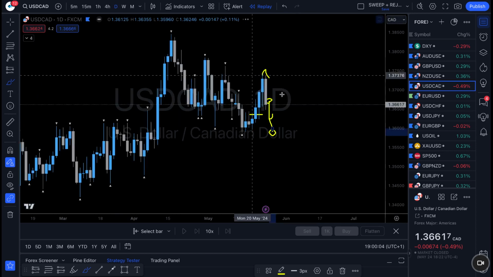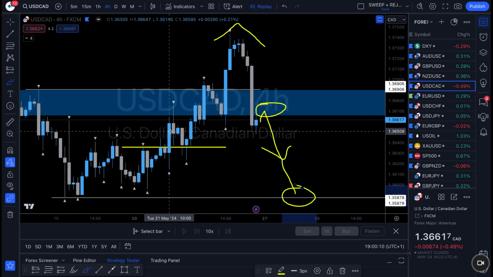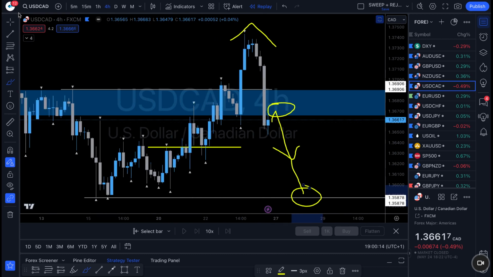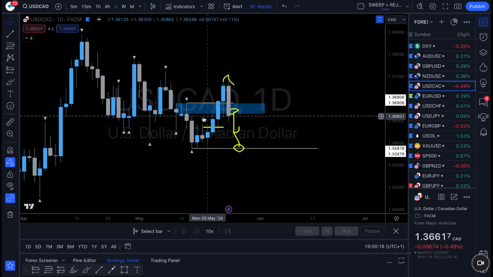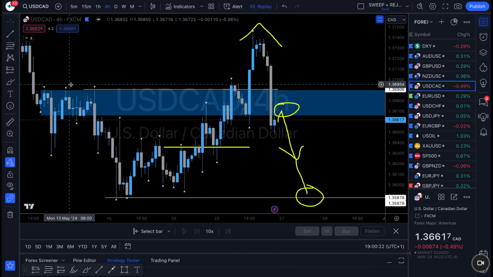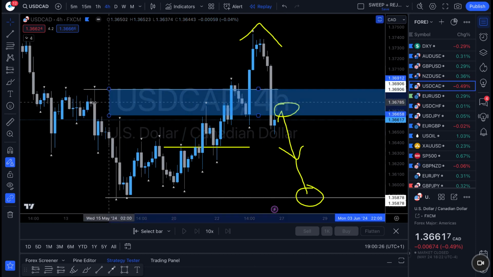Okay, so in terms of a high probability setup, this is a clear deviation reclaim. You can look to short that back down to the middle of the range, then back down to lows. Okay, so that's an actionable setup on USD CAD, and that's based off a daily deviation reclaim. You can see that more clearly when you drop to the 4-hour time frame, because this is just the range that we're dealing in here.